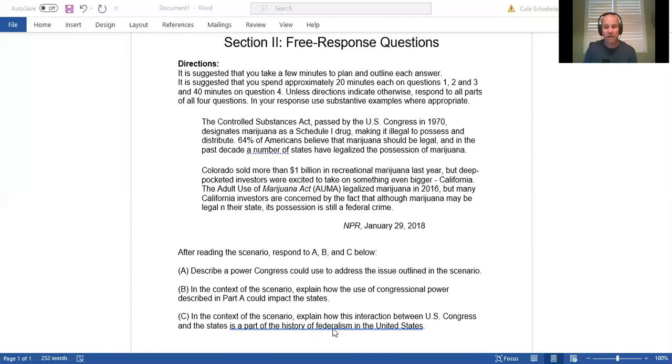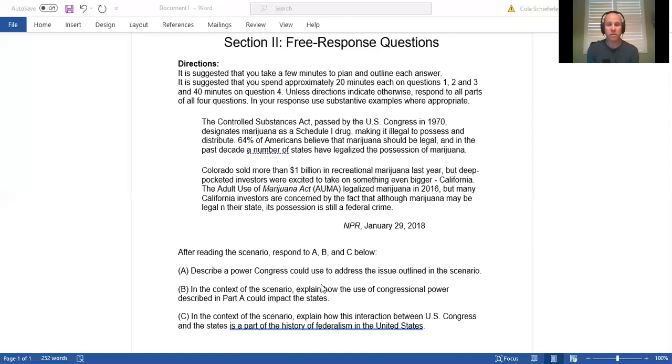Now, how does this show the history of that? Let's list in our head some ways in which federalism has shown a struggle between the state and federal governments. Think about what we studied, where federal and state governments conflicted with each other, or where philosophies about federal and state governments conflicted.